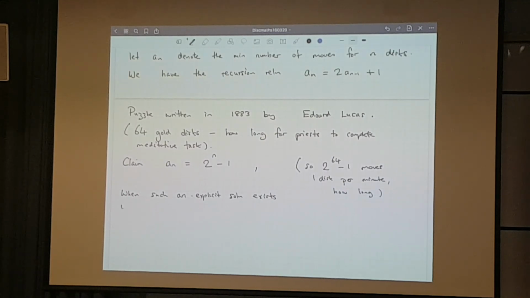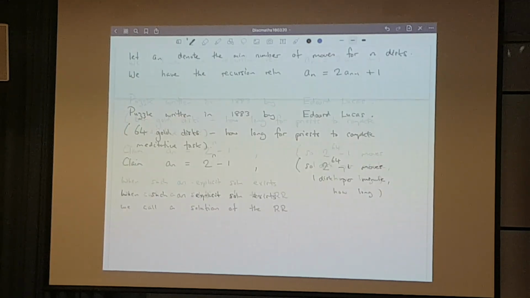And I don't want to keep writing recurrence relation, so I'm going to write RR from now on. But for now, let's just check it's a solution.